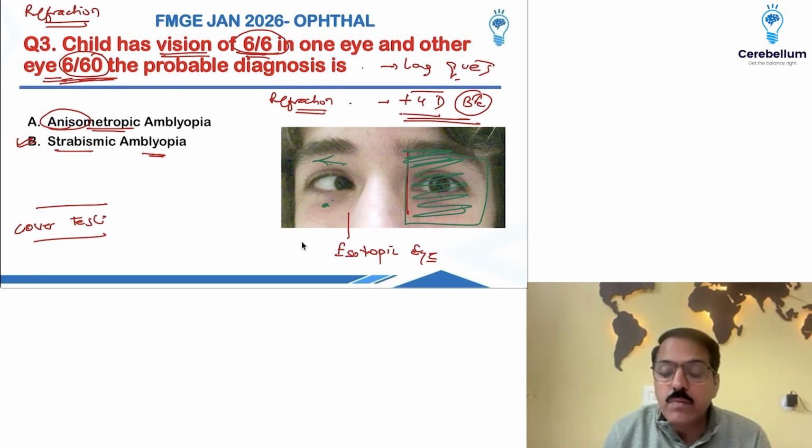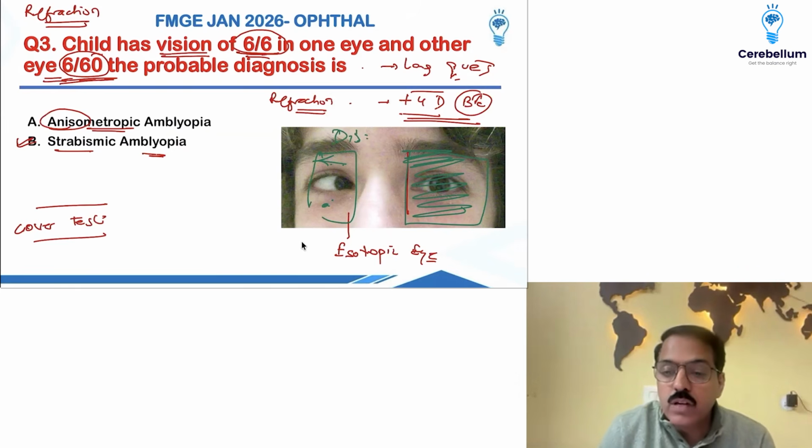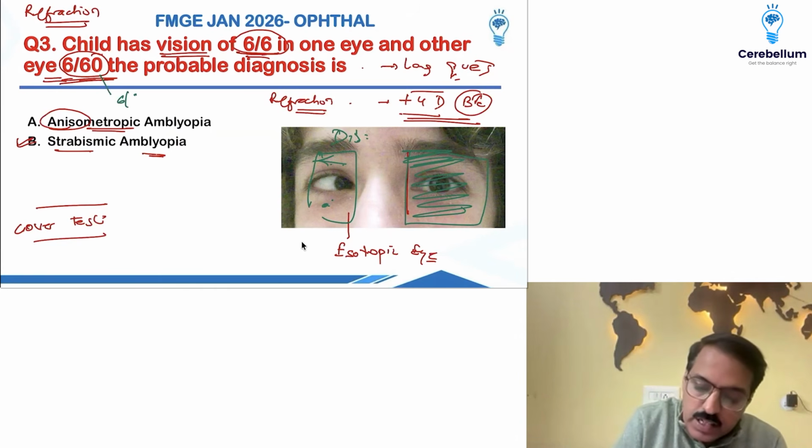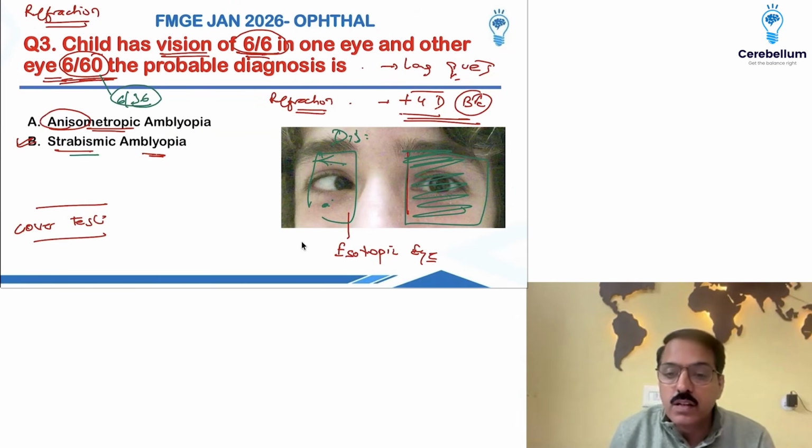Even with amblyopia, this eye will definitely move. The good eye deviates when the diseased eye is covered. Was it 6/60 or 6/36? Even then, it is a strabismic amblyopia.